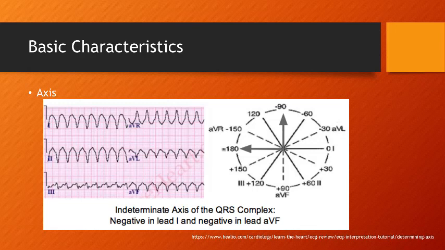Then this axis is called indeterminate and sometimes referred to as northwest axis. This finding is uncommon and usually comes from a ventricular rhythm. However, it can also be from paced rhythms. Lead misplacement can also lead to such images, and certain congenital heart disease can also cause this.